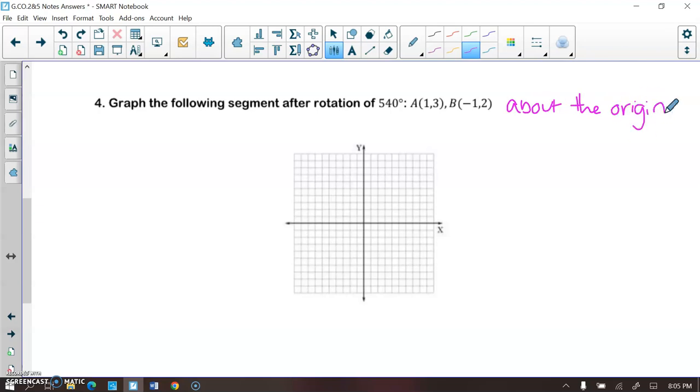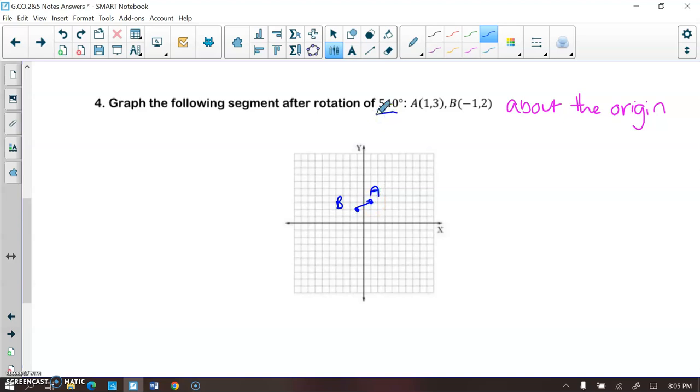So I'm going to graph point A and B, and I'm going to be rotating both of these.